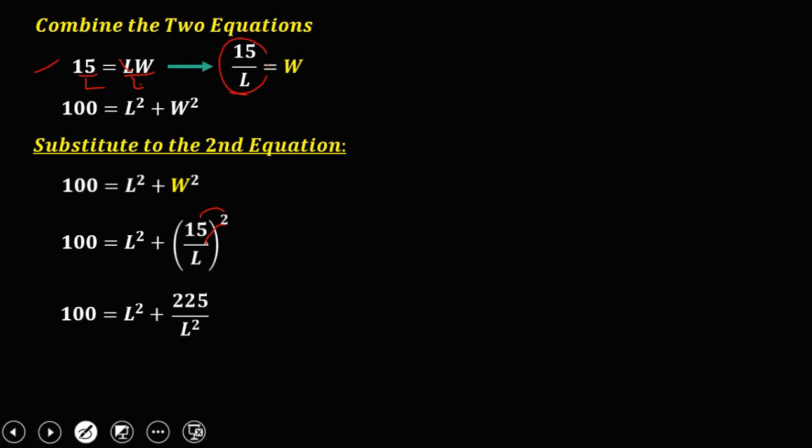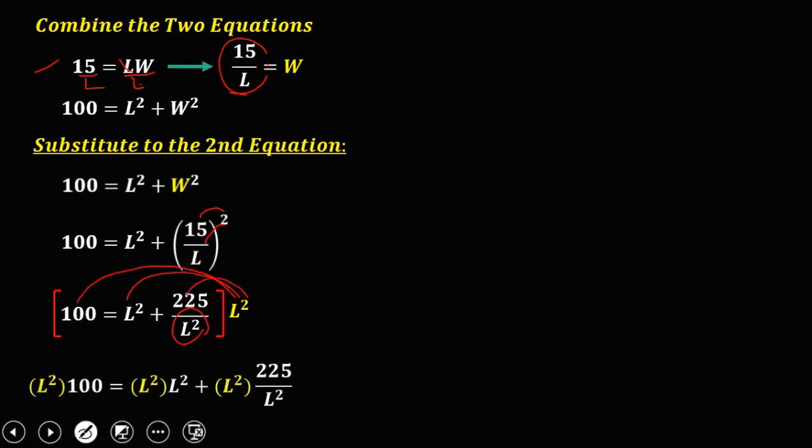Then if an equation contains a fraction, multiply the whole equation by the LCD, or by that denominator. So multiply this by L squared, then distribute to every term. We have now L squared times 100, L squared times L squared, and L squared times 225 over L squared. Then simplify.